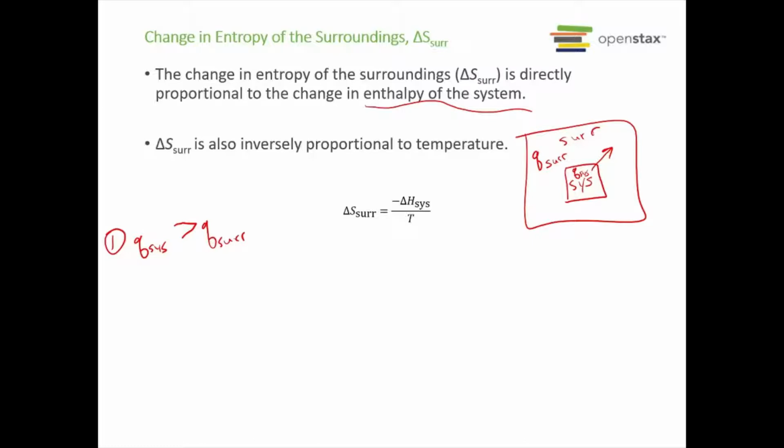What this ends up telling us is that our change in entropy of the system is equal to negative Q of the reversible process over T. And the delta S of our surroundings is equal to the Q, or heat, of the reversible process divided by the temperature. Remember, enthalpy and heat are directly related to each other.